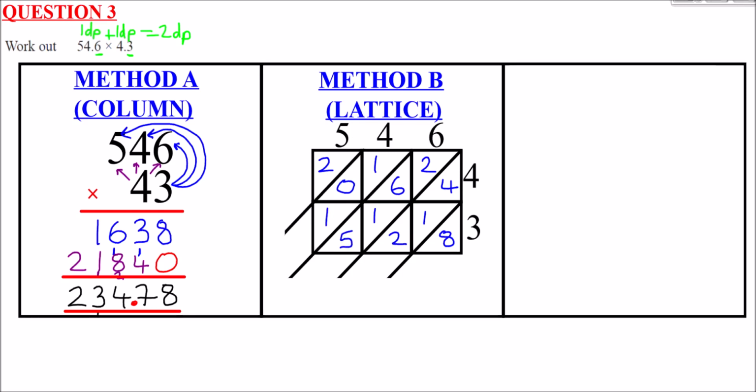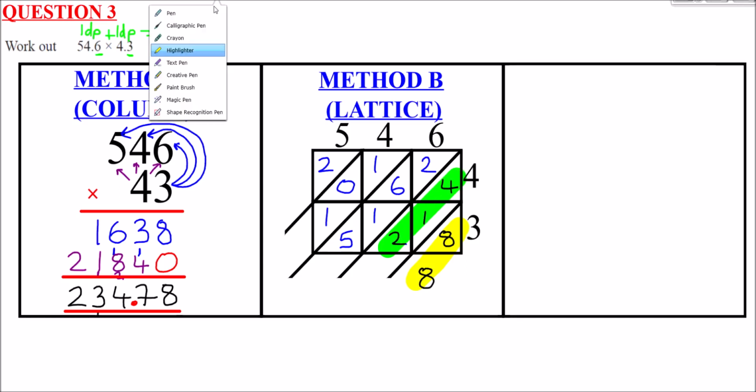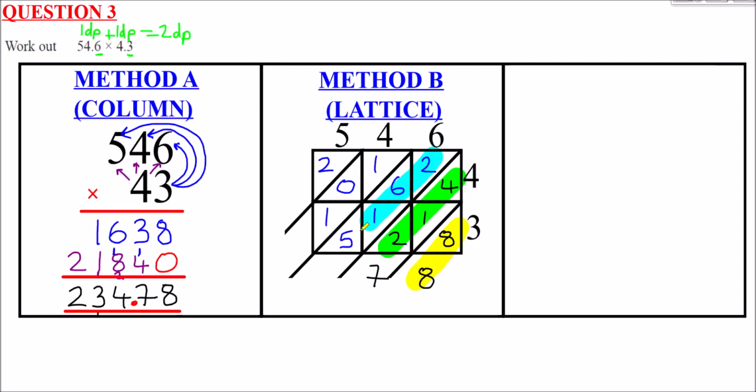You now add these up like a slide, so you go diagonally downwards, adding up as you go diagonally. So the first number here is just 8. The next one, 4 plus 1 plus 2, that gives us 7. The next one, quite a few numbers to add together, but it's doable. 2 plus 6 is 8, plus 1 is 9, plus 5 gives you 14.